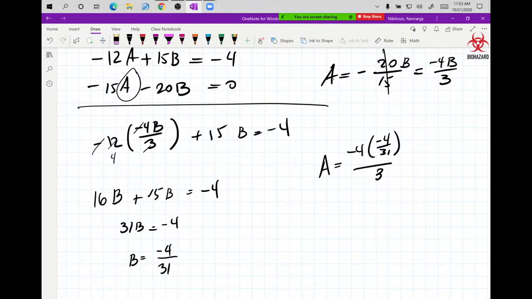Okay, we have that. So now this is going to be multiplying two that are far apart. If you want to put this one over here, that's fine. So we have that a is equal to, when we do all of the calculation, a positive 16 over 31. So positive 16 over 93.